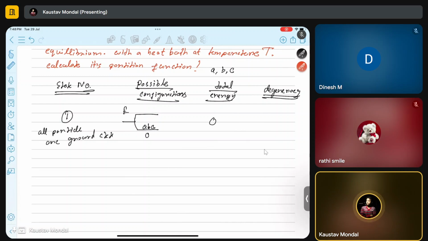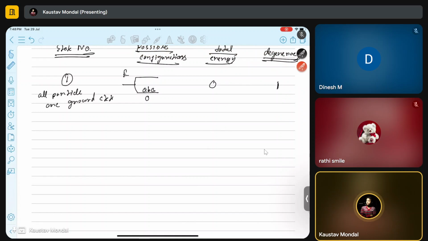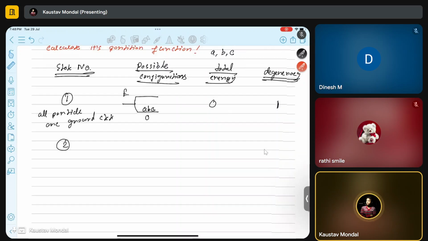The degeneracy is 1, because this is the only configuration: all the particles are in the ground state.